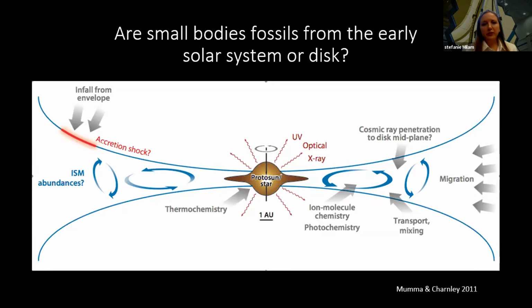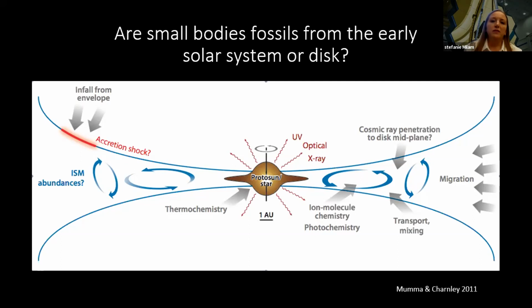So primitive bodies in our solar system are considered fairly pristine, but we also have to think about all the complexity that comes about as these objects were formed and how that chemistry could or could not be affected.